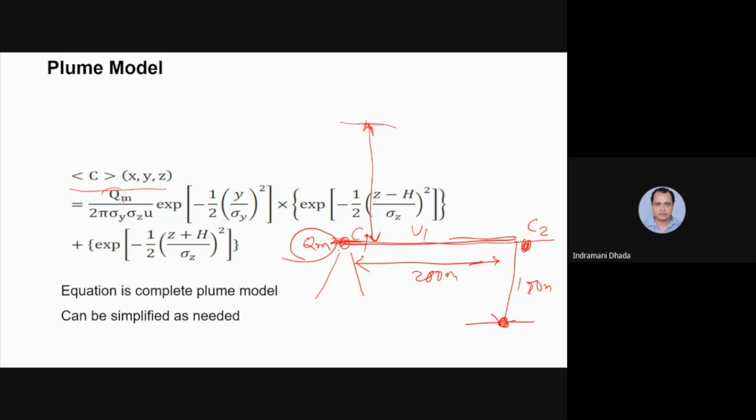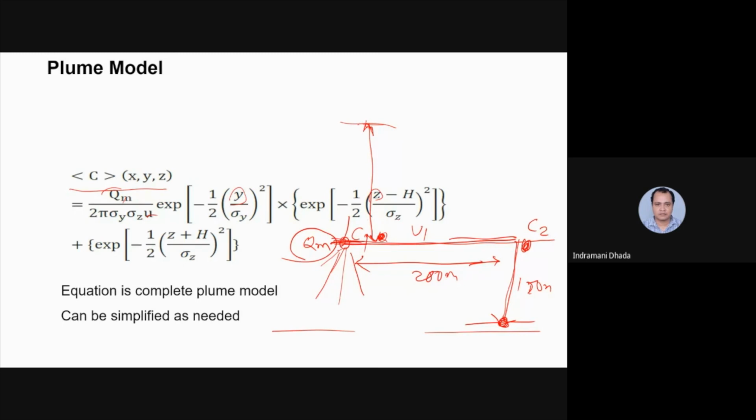Then you should know the velocity of wind here, that is U, and sigma y, sigma z, which are the dispersion coefficients, and y is the distance, this distance, and z is the height from the ground. Okay, from the ground.